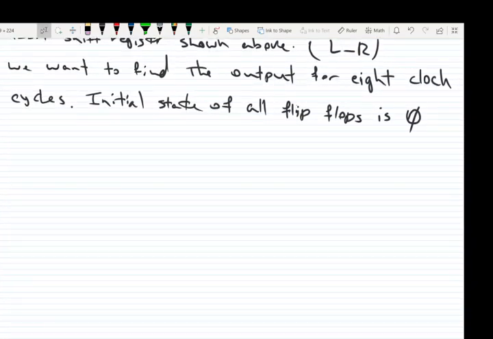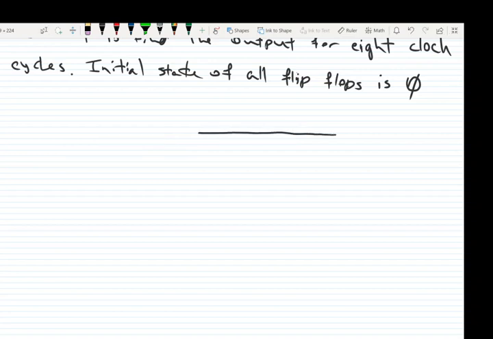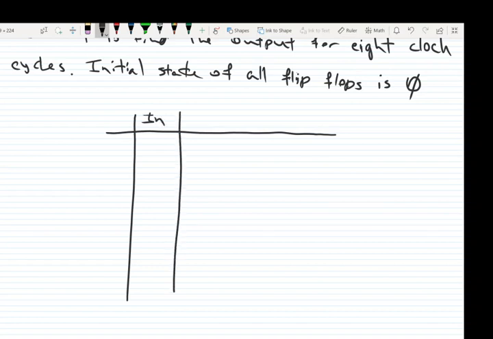Okay, so it says that for 8 clock cycles, we need to have a table. Input, output, Q0, Q1, Q2, and Q3. And here is the clock cycle.